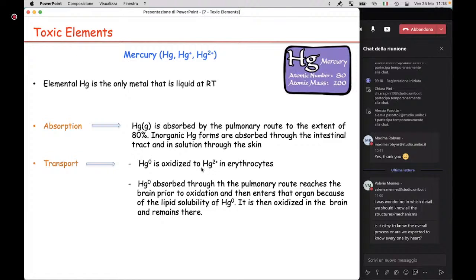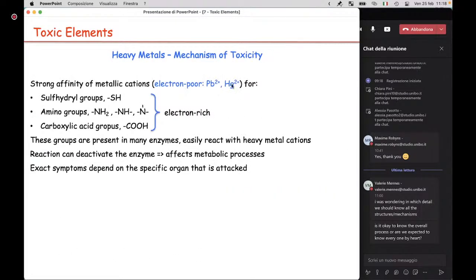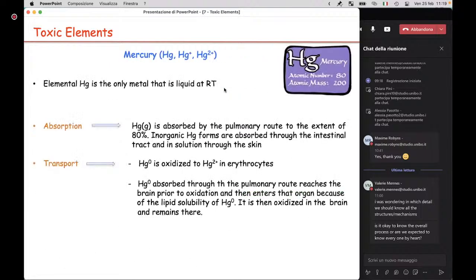And it is the cation that has the specific toxic mechanism we have detailed here. Heavy metal toxicity involves the cations, and mercury is easily absorbed as a metal, which is not a cation, of course, but it can be easily oxidized to the mercury cation in erythrocytes.